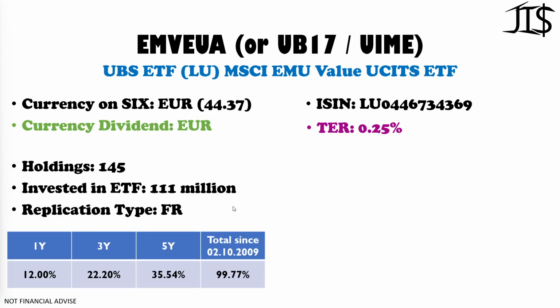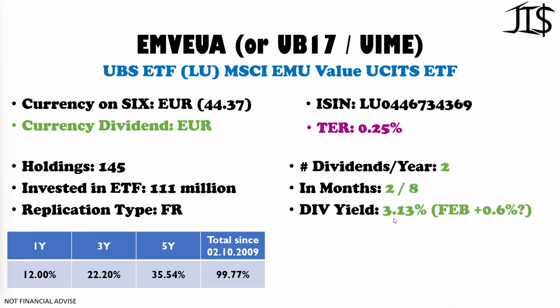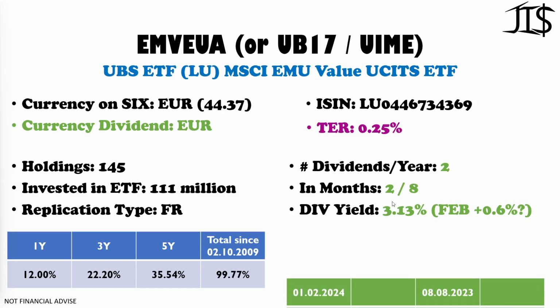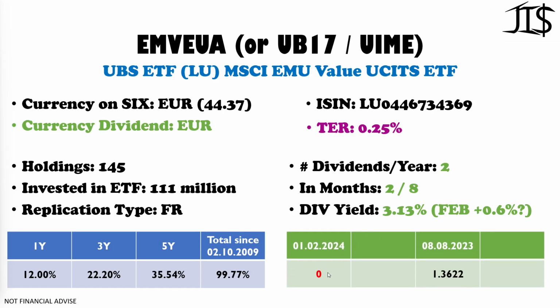Fully replicated type as well. And the 1 year performance almost the same as the previous one, but the 5 year performance almost 50% less than the previous one. And here the payment in February was 0 as well, but there it was 0.25 I think last year.